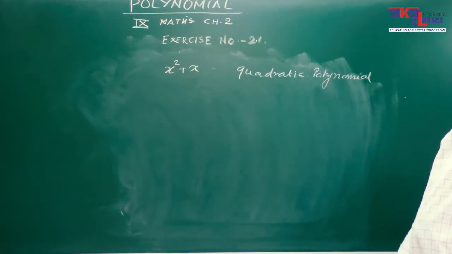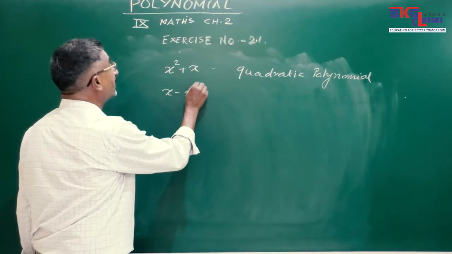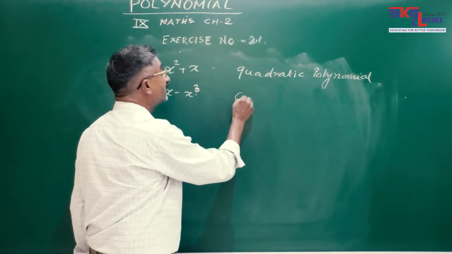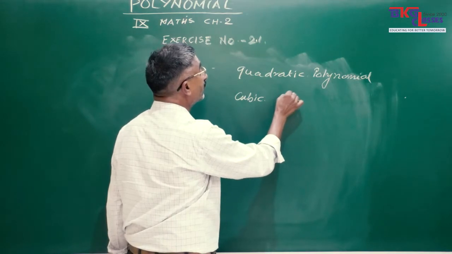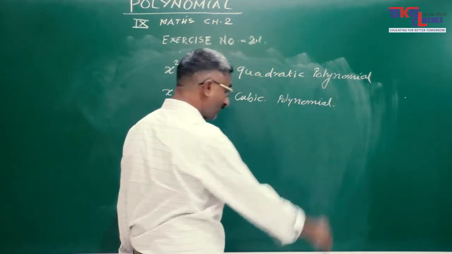Second, x minus x cube, the highest power is 3, so this is a cubic polynomial.